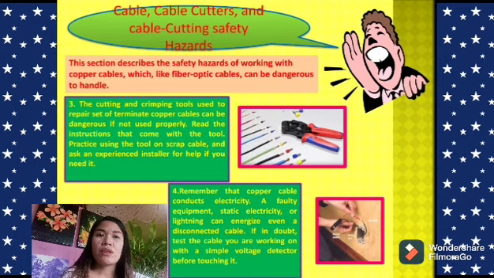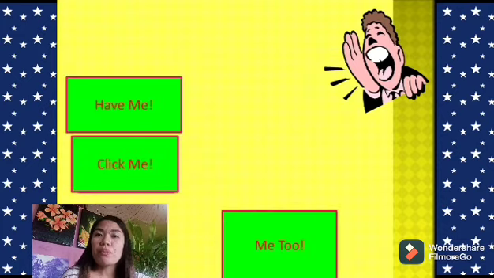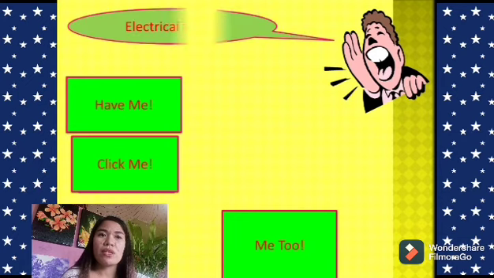Exposed cables should be covered with electrical tape because cables exposed to the air are particularly vulnerable. So always check using a voltage detector. We will proceed. Are there any questions, by the way? Okay, so we will proceed to electrical safety.